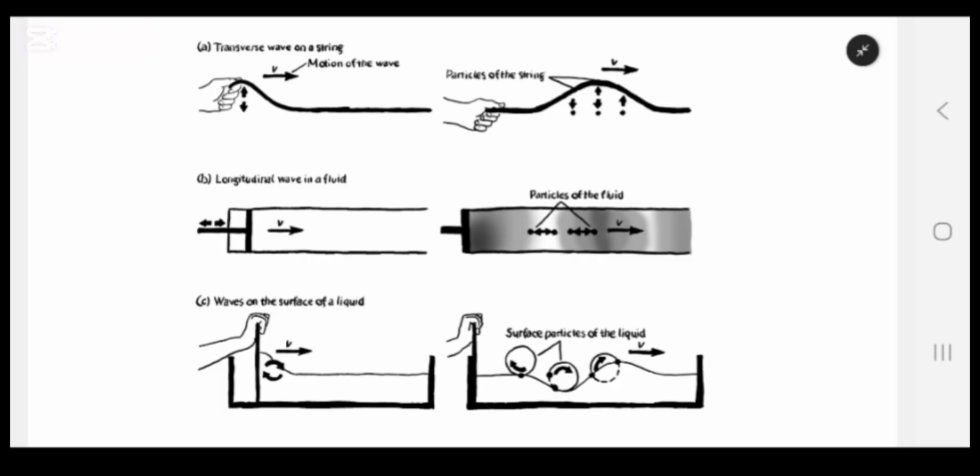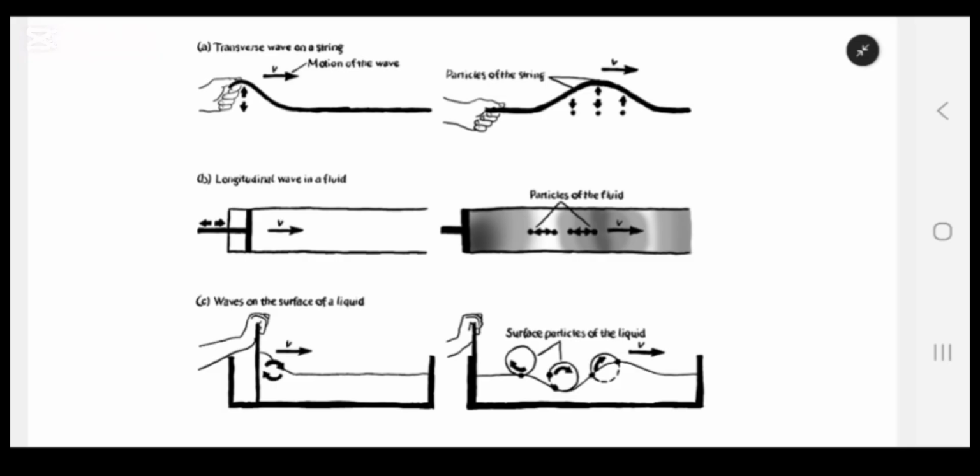So we see here on this diagram, the actual string particles are going up and down, but the velocity of the wave is this way. They're perpendicular, aka transverse waves. We can also make longitudinal waves. So imagine we have like a vial or piston or something here with some water filled in this container.